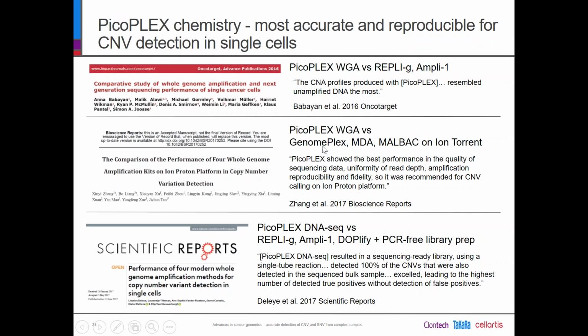You could read that a lot of references put the accent on comparison of PicoPLEX and other ways of doing whole genome amplification in single cells. And the consensus currently is pointing to PicoPLEX being, as from the title of the slide, the most accurate and reproducible chemistry for CNV detection.